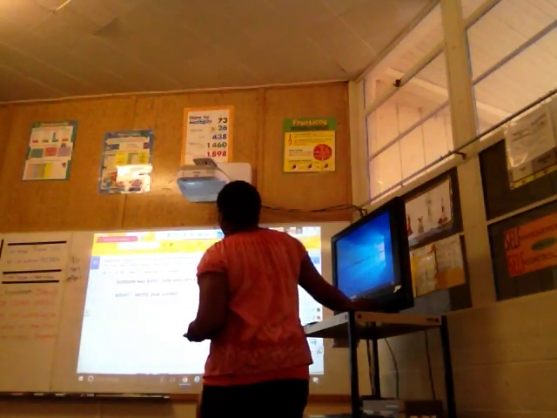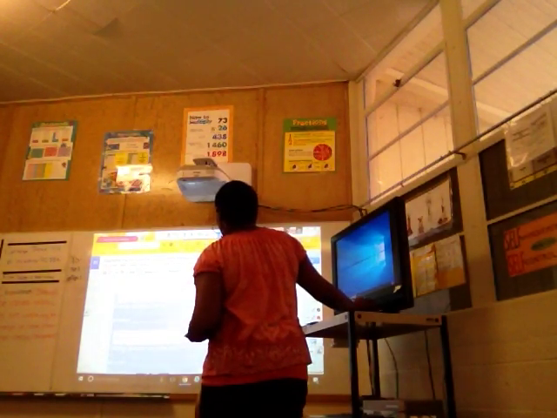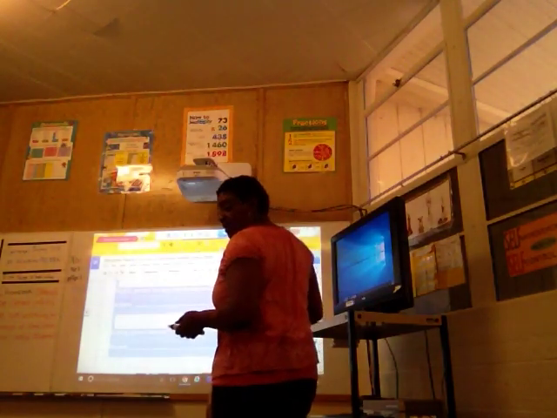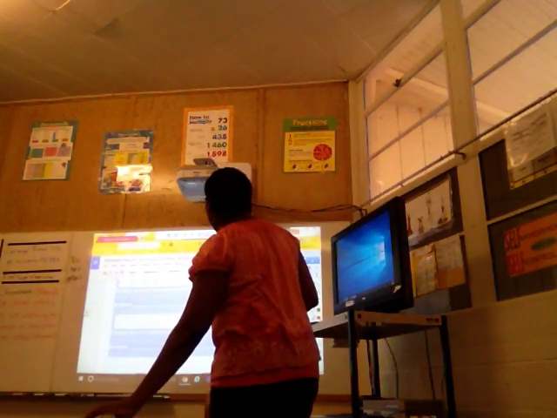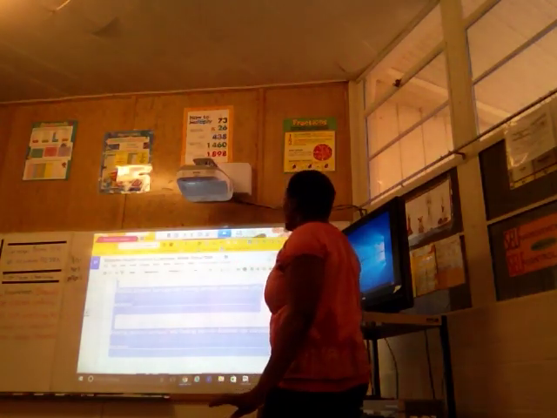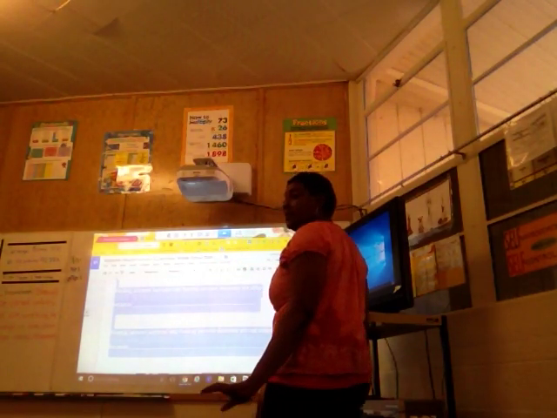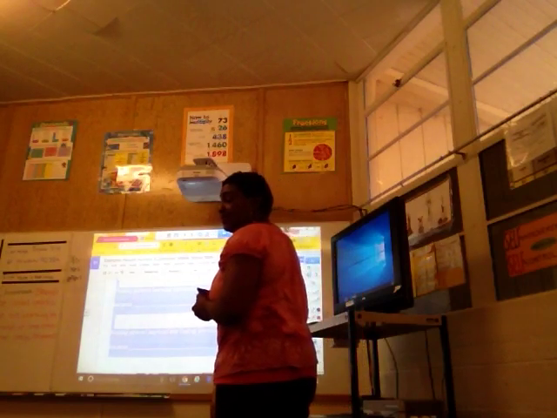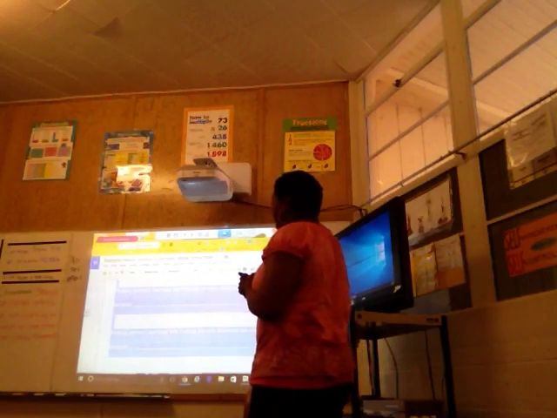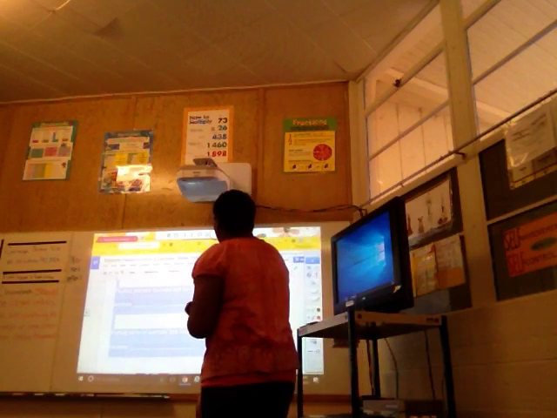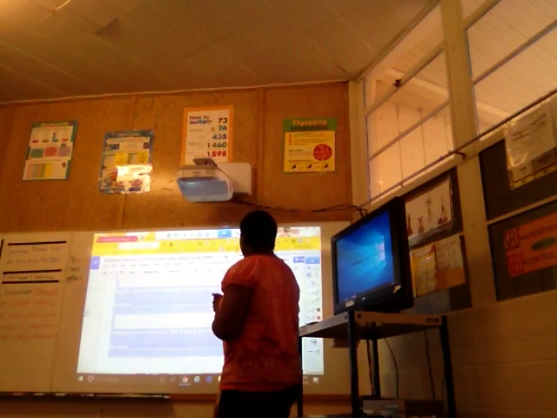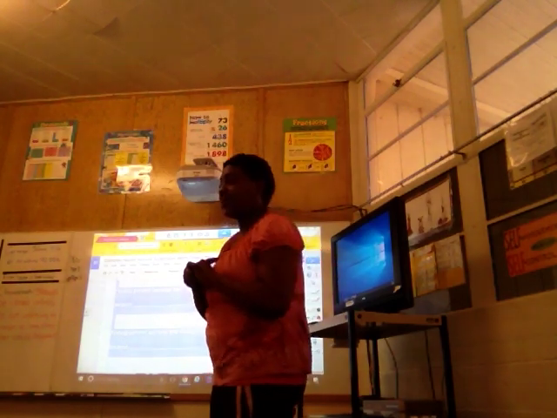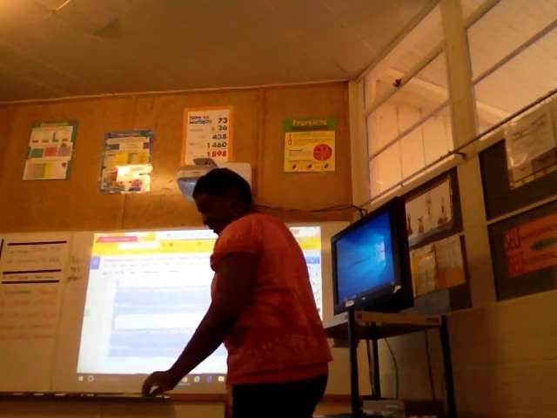So this is what you write in your composition notebook: finding percent increase and finding percent decrease are alike because you use the same formula. Then I also want you to answer: finding percent increase and finding percent decrease are not alike because... You're answering both these questions quickly, so you have about 3 minutes.